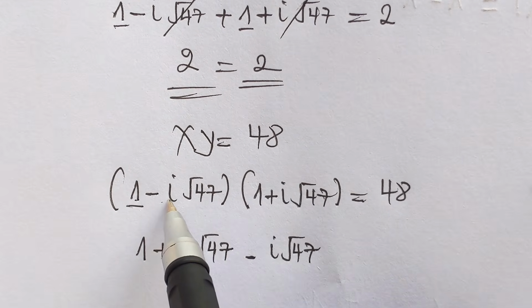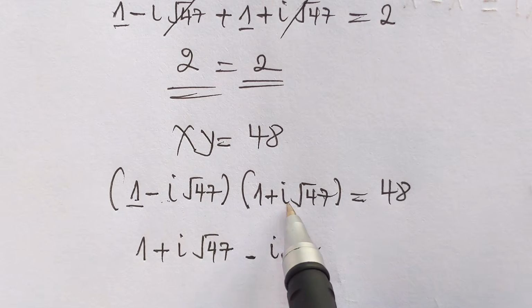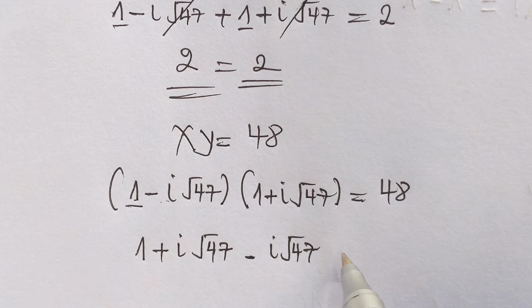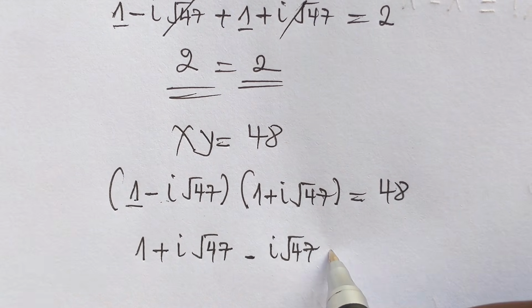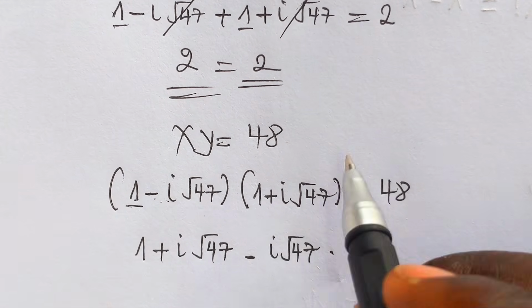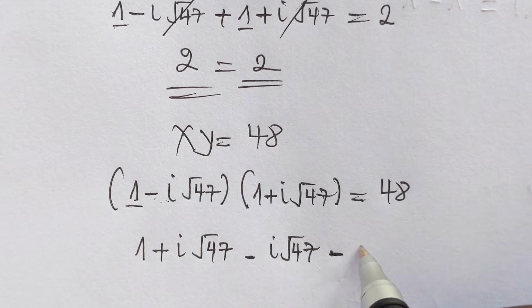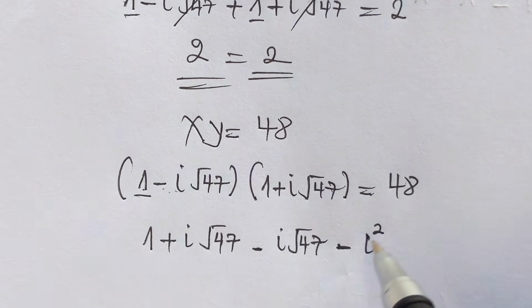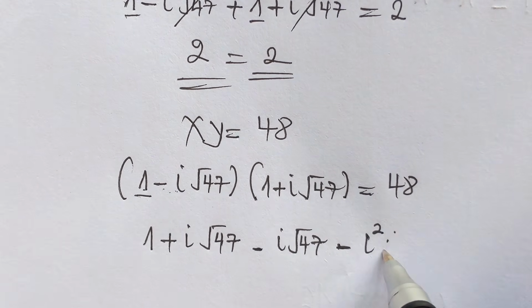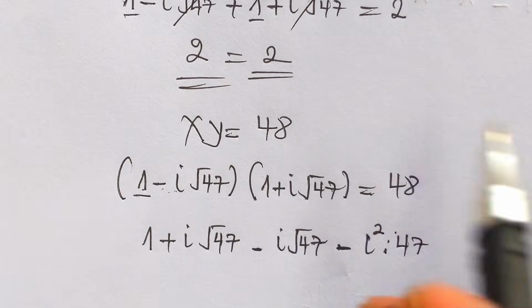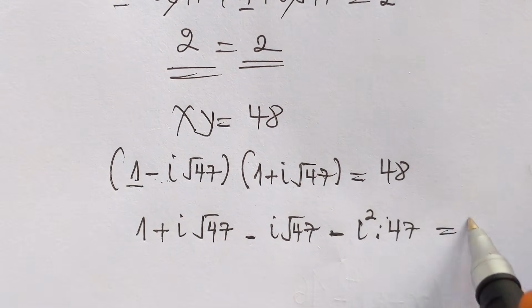Negative i square root of 47 times i square root of 47 is negative i squared times 47, because the square root of 47 squared is equal to 47.